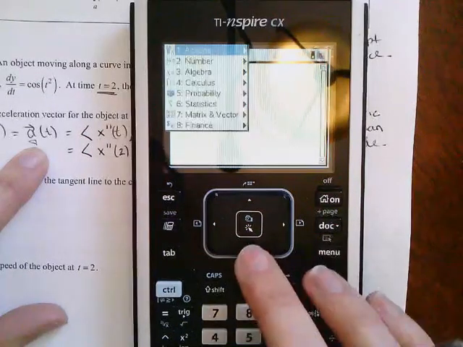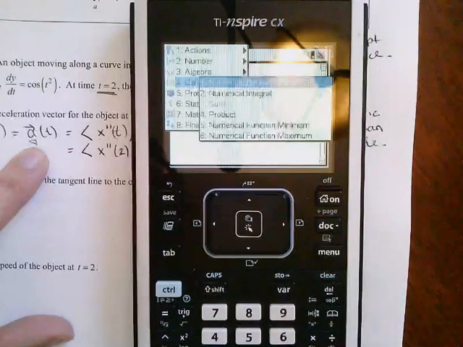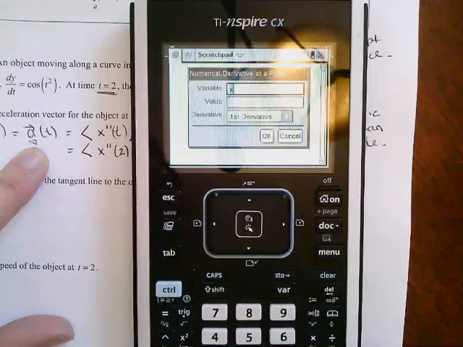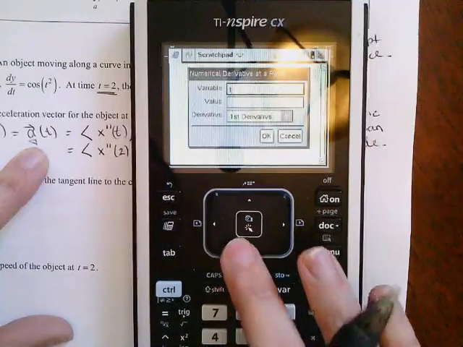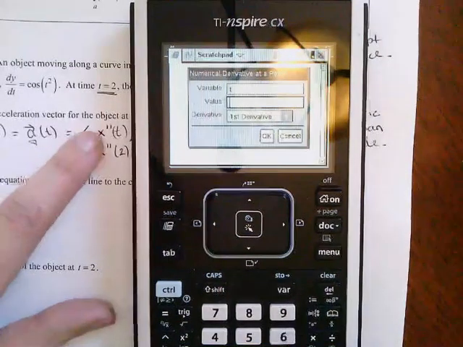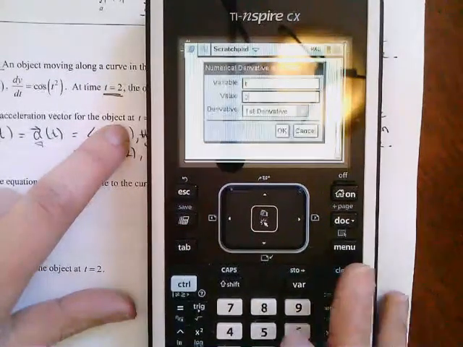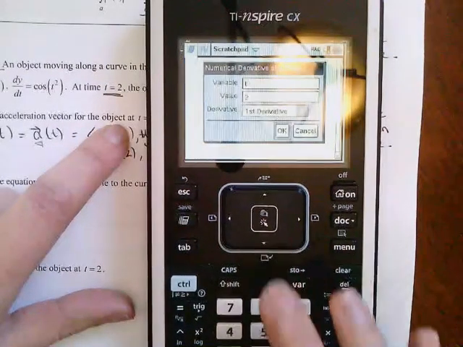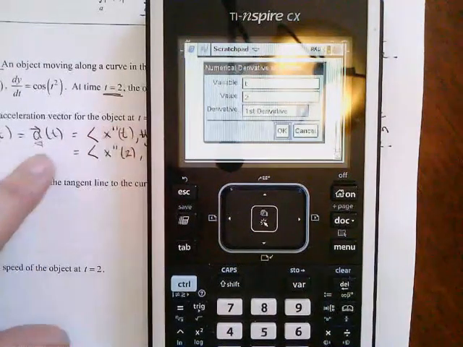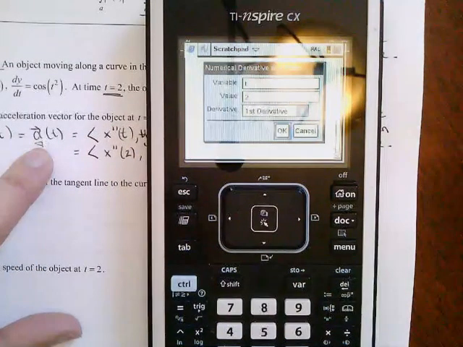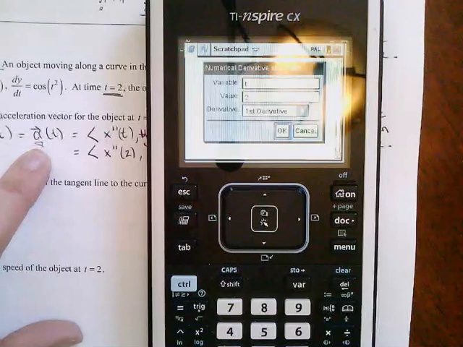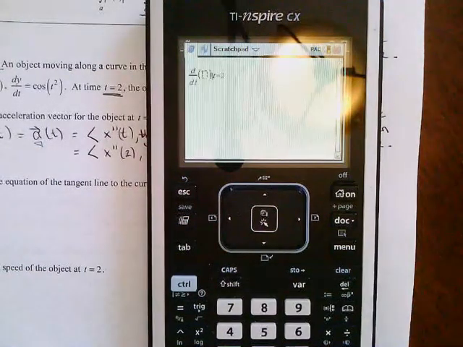So I want to find the derivative. My variable is t because it's parametric. The derivative of the velocity for the object at the value t equals 2. And I want to find the first derivative because I want to find acceleration from what I had, which is the velocity.